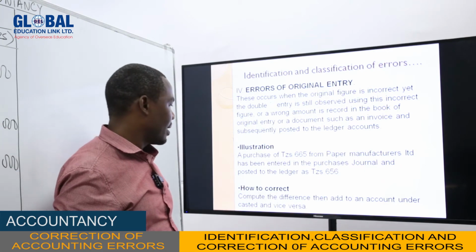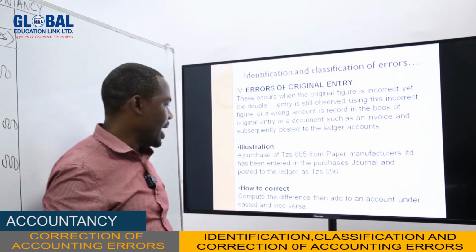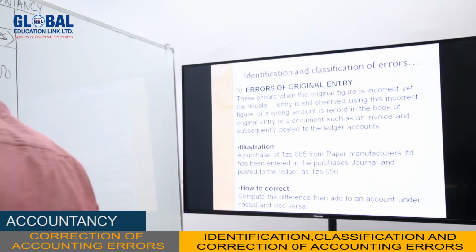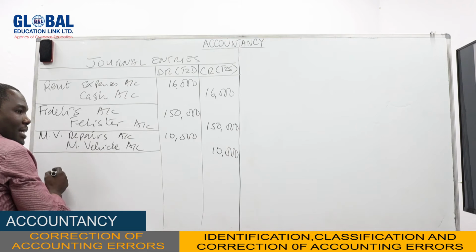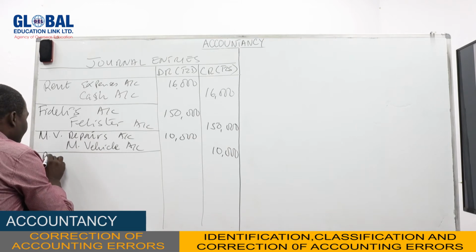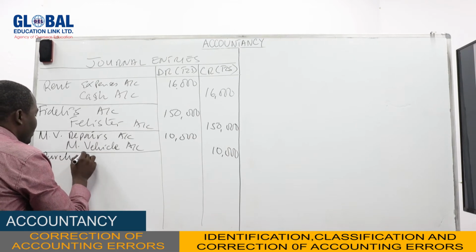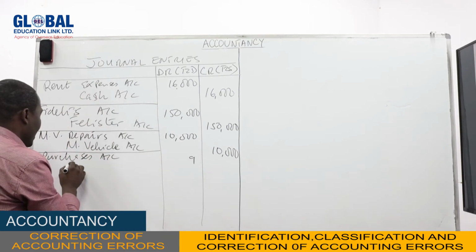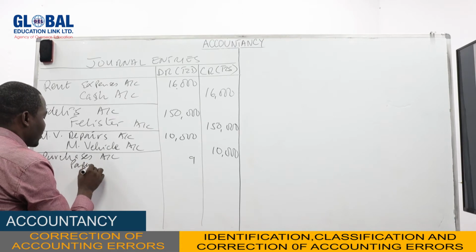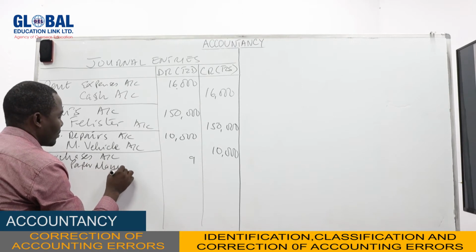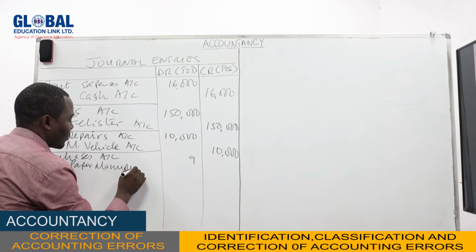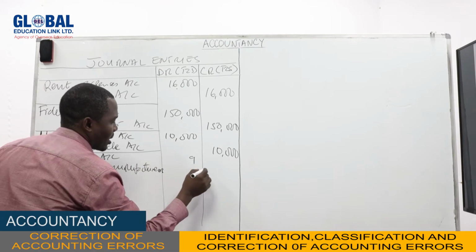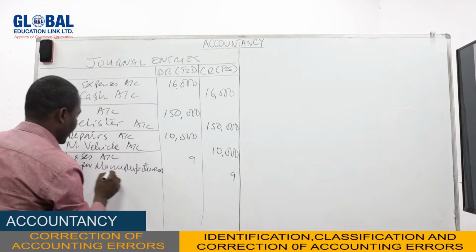How to correct this? We compute the difference and we add it to the account understated. So the difference is 9. We debit our purchases account by 9. We credit paper manufacturer account by 9.